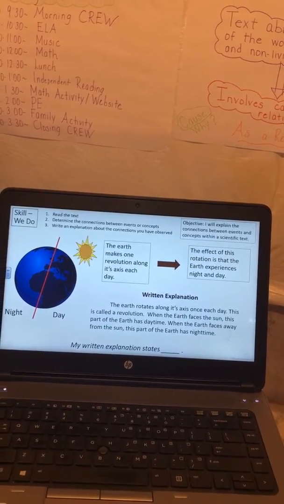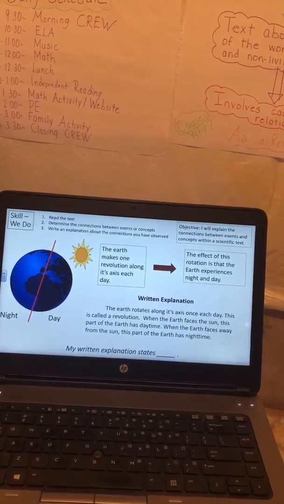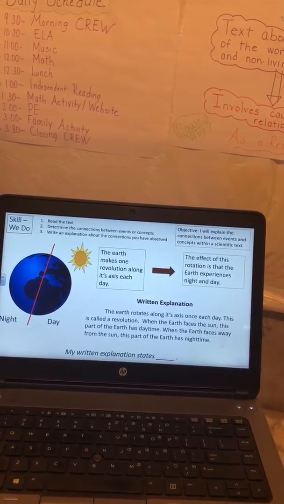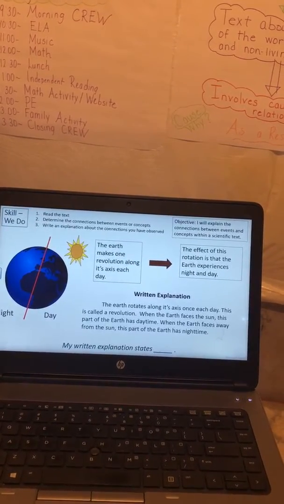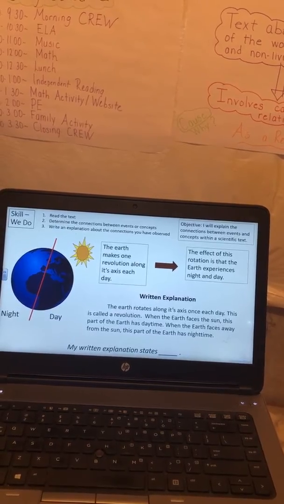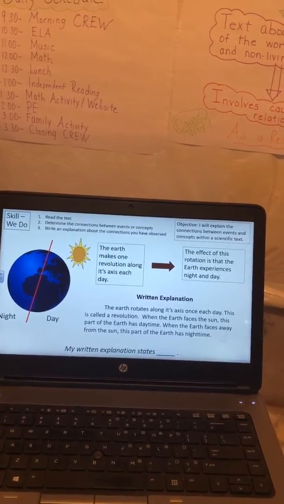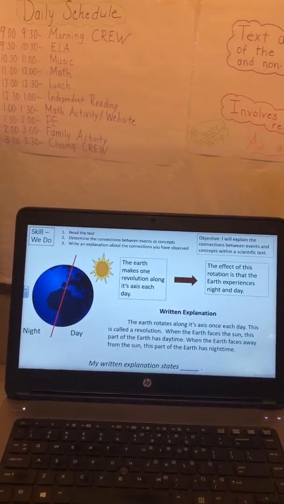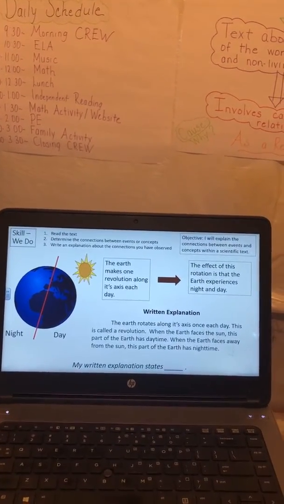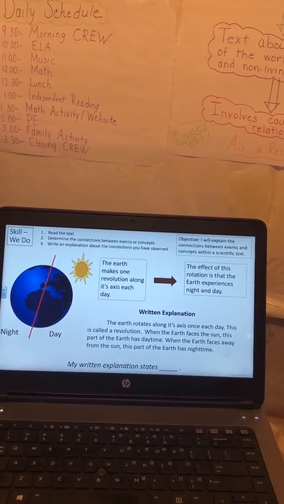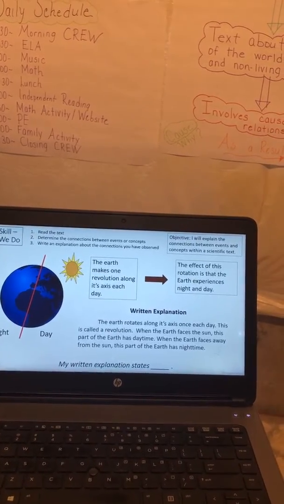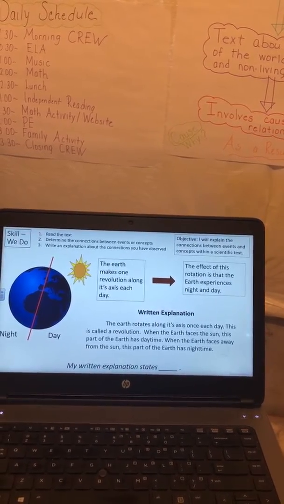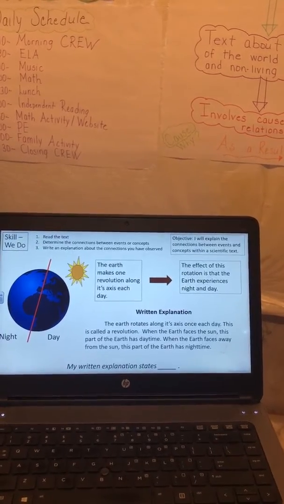So basically stating that when the Earth is facing the sun, then it is daytime. When the Earth faces away from the sun, it becomes nighttime, right? When the sun sets. So sunrise, we have daytime. Sunset becomes nighttime. Okay, so your written explanation when you do this on your own should look very similar.